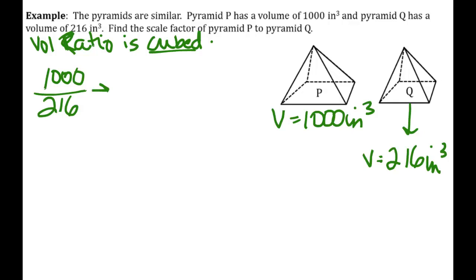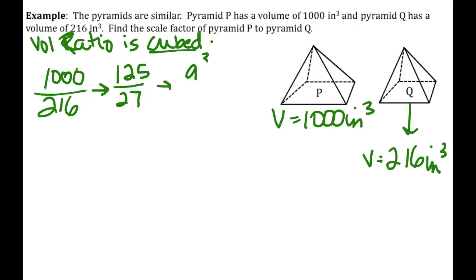First thing you want to do when you get these ratios is reduce it to lowest form. Do 1,000 divided by 216 in your calculator, hit math, enter, enter, and we get 125 over 27. So that is my volume ratio in lowest form.